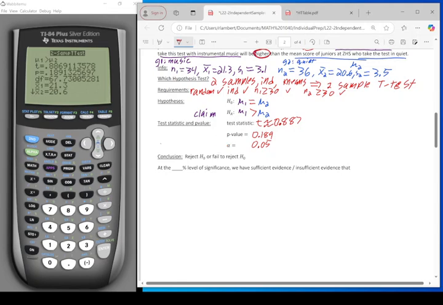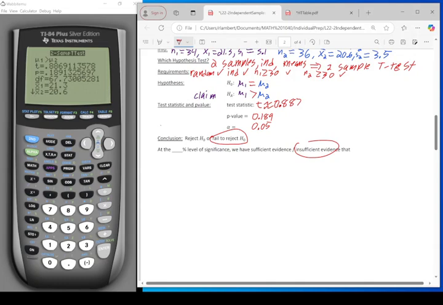So when it's greater than, we fail to reject the null hypothesis, which gives us insufficient evidence for the claim. So failing to reject always goes with insufficient evidence for HA. Always goes together. And vice versa, rejecting always goes with sufficient evidence for HA. In this case, though, we have insufficient evidence for the claim that the music works or does anything.